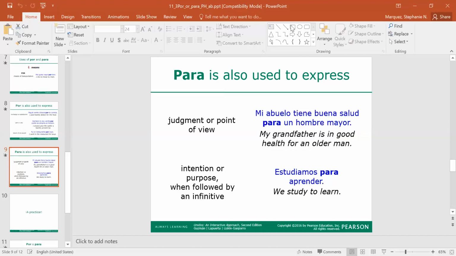So there's a little bit more to this document that you can look at on your own time if you want to. But for right now, that was basically just a run through of the stuff that I have available to you on our courses site. And I just wanted to go through some of it with you so you could get a little more explanation about por and para. But the big thing to remember about por and para is that there is no grammar to it. It's just largely vocabulary.